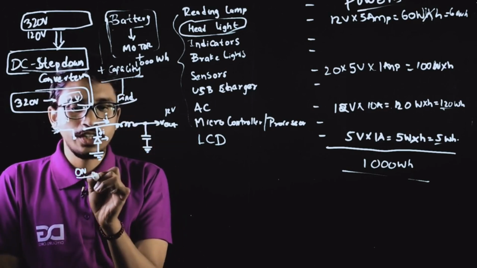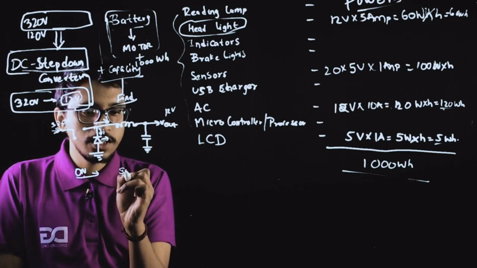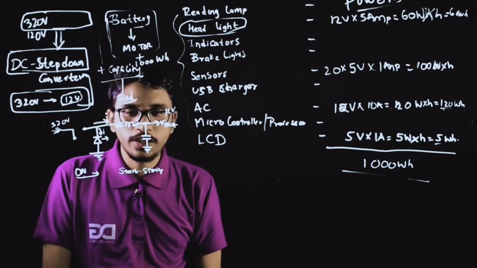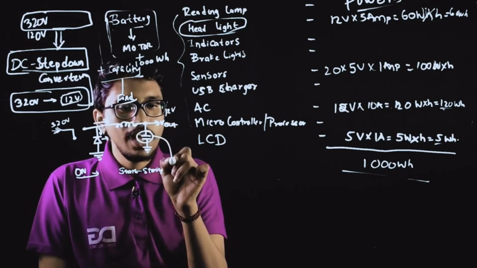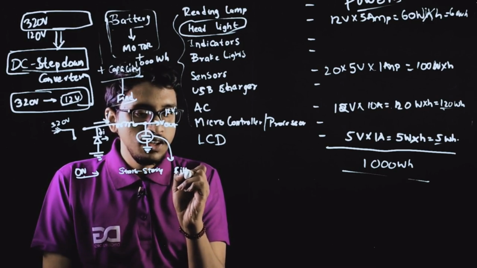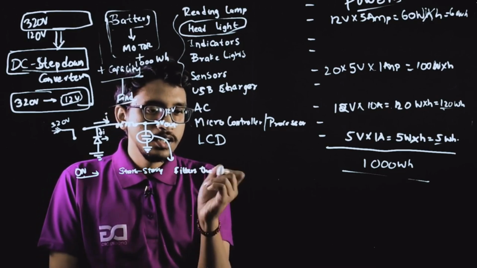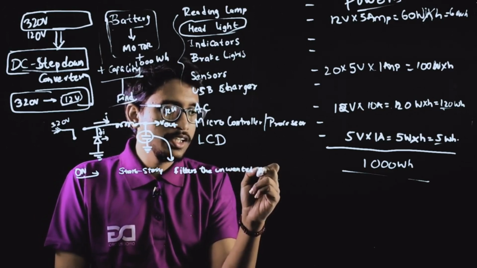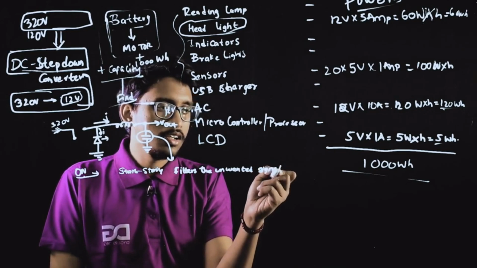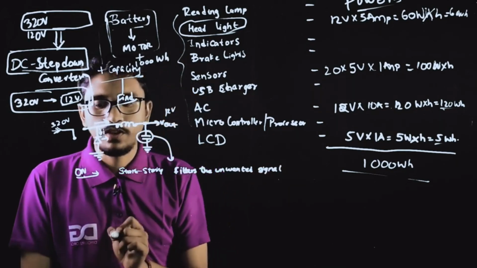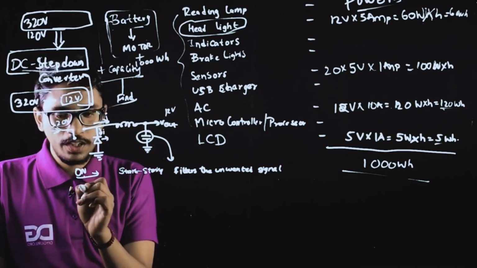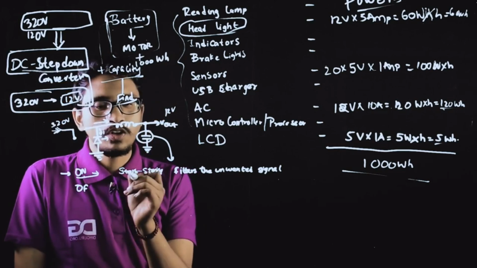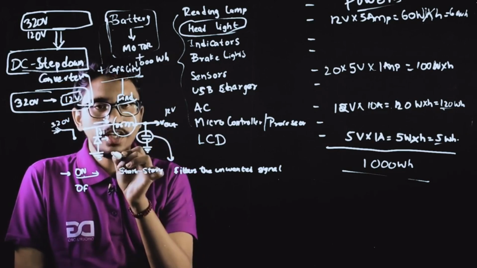When the switch is on, this inductor starts storing the energy, and this capacitor filters the unwanted signals, and it will give you the V out.